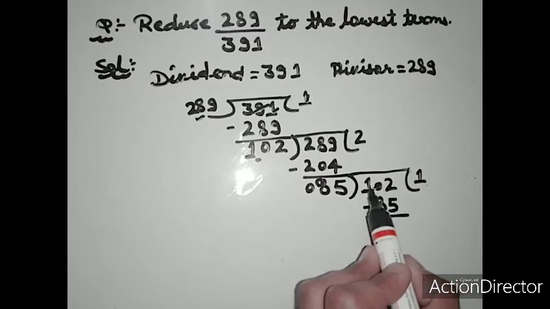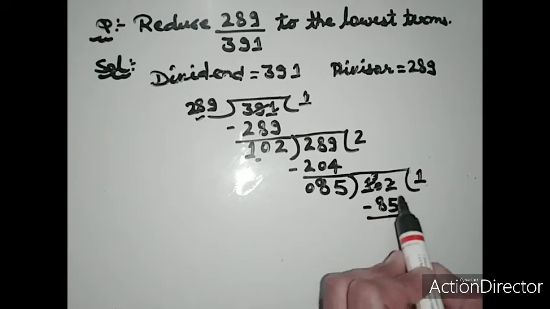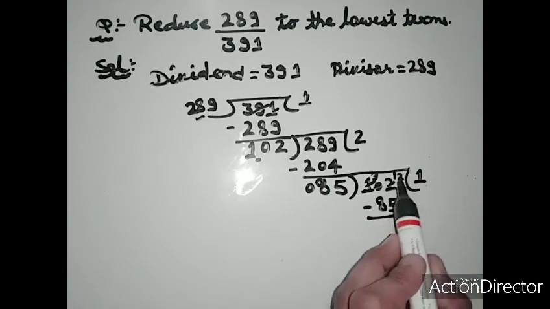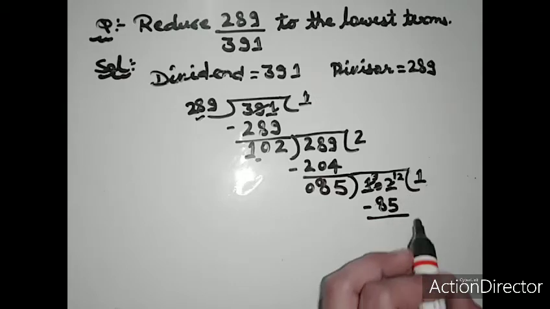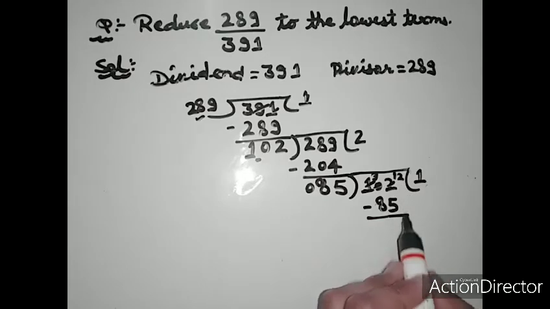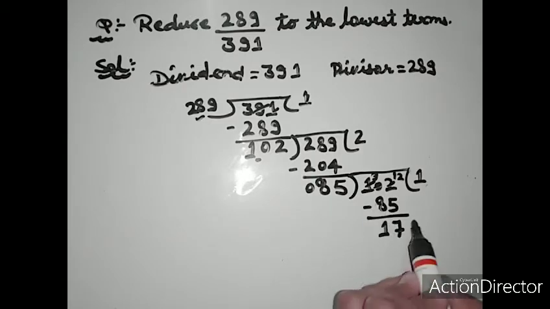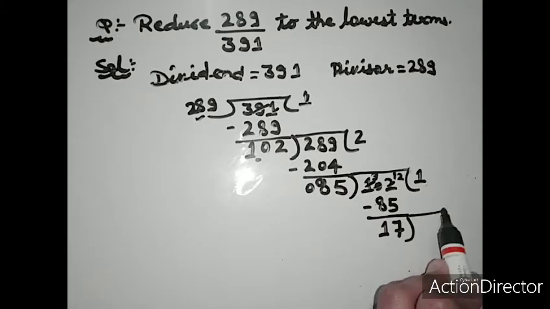Now here we take one borrow from here. So this number, the whole number, changes into 9, and then 2 changes into 12. 12 minus 5 is 7. 9 minus 8 is 1. Now we take 85 as a dividend here.